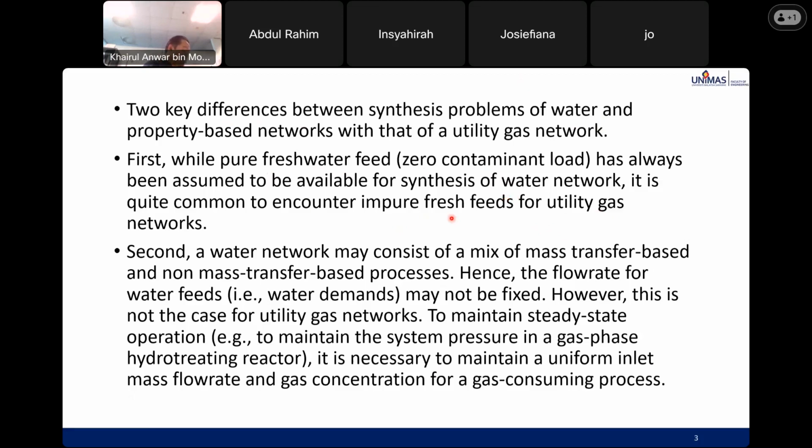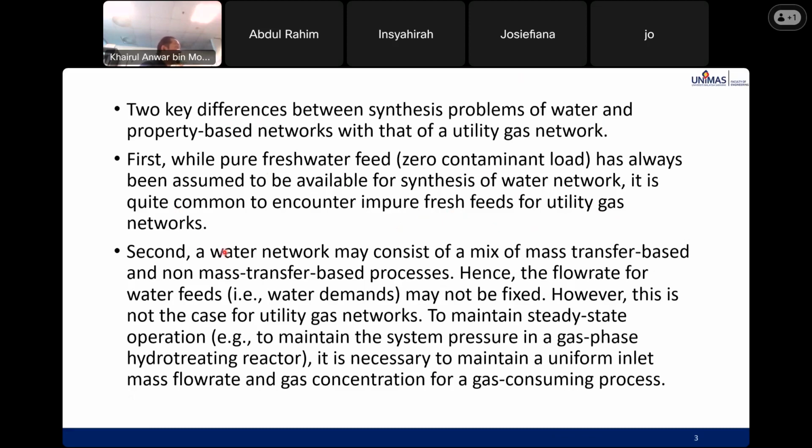So normally the feed for the utility gas network is only within some percentage, say 5% impurities. You can get 99% with no impurities, but it is expensive.